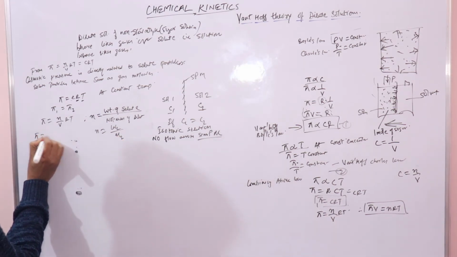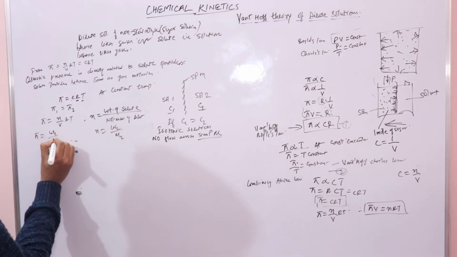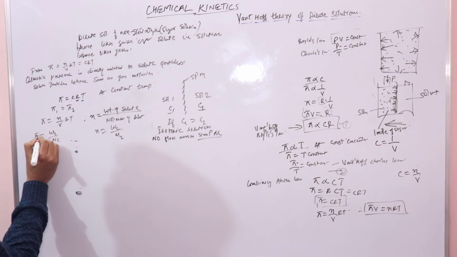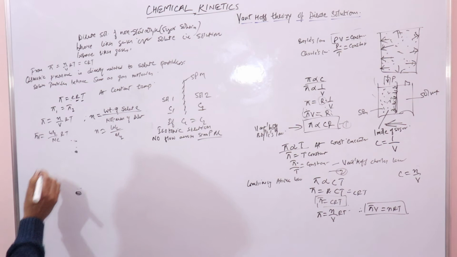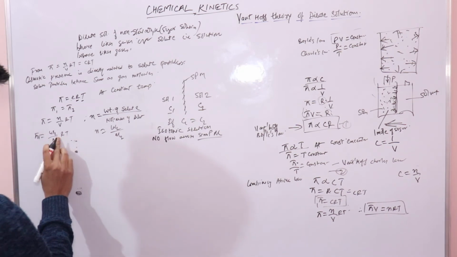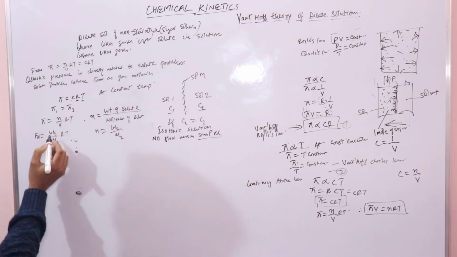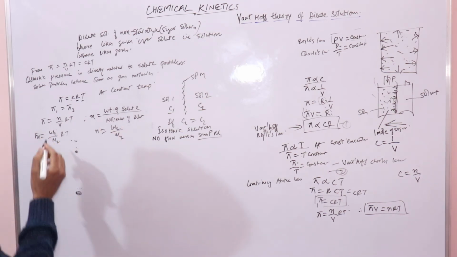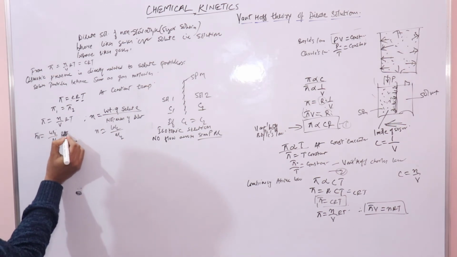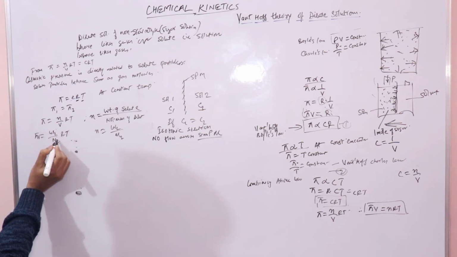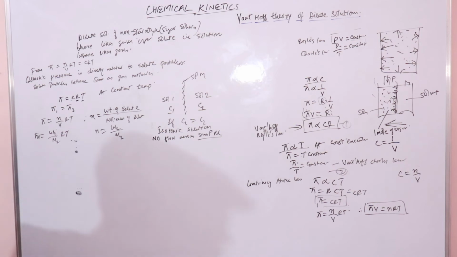So if I put, in place of n, W2 upon M2 and take this V here, then pi V is equal to W2 upon M2 RT. M2 is the molecular mass of solute, and W2 is the weight of solute added. Knowing the weight of solute added, the gas constant, and the temperature, and knowing the volume and osmotic pressure, we can find the molecular mass of solute.